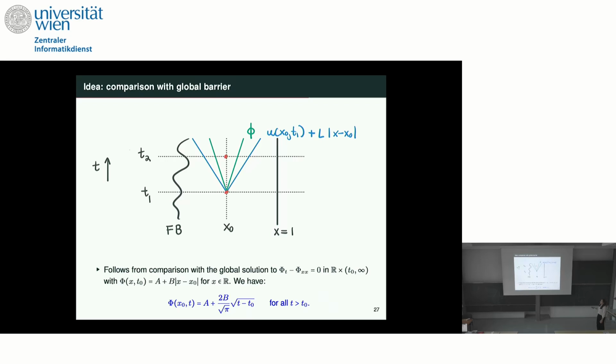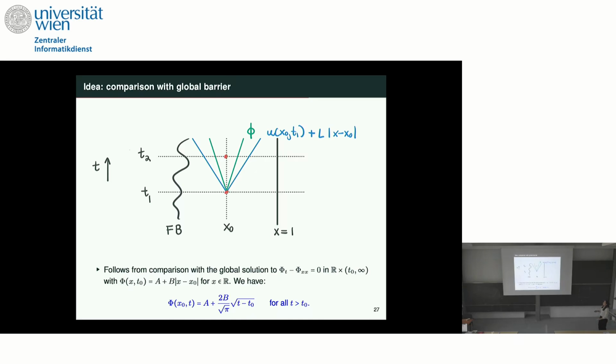So at, let's say, T1, the smallest time, you know that u will be below this blue absolute value, the graph of u, okay? So what you do is take the solution to the heat equation in all of R, which starts at T0 equal to T1. You have to choose these parameters A, B, and T0, and you put something here that is above, let's say you want to prove the bound from above.